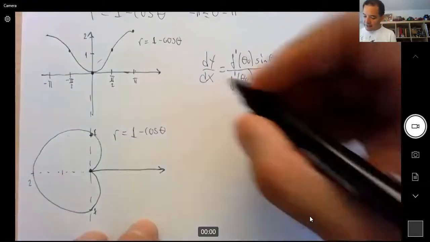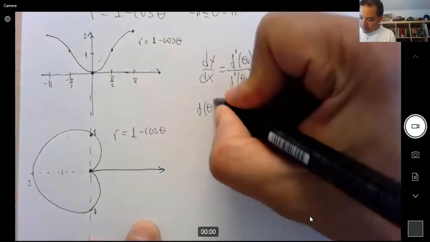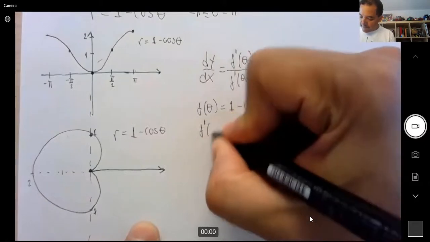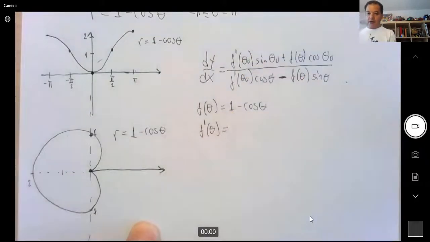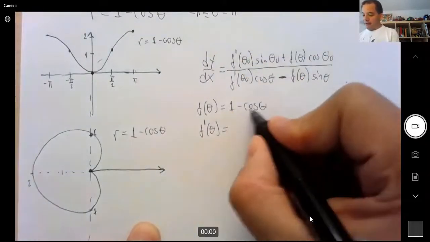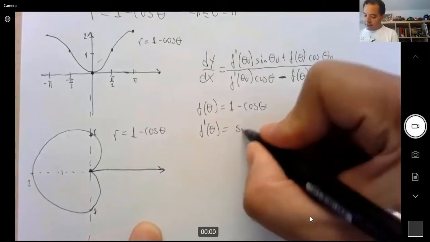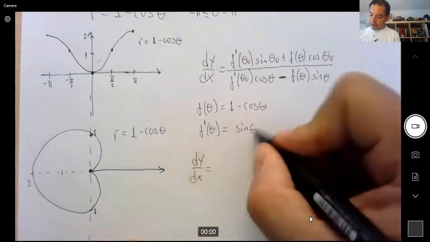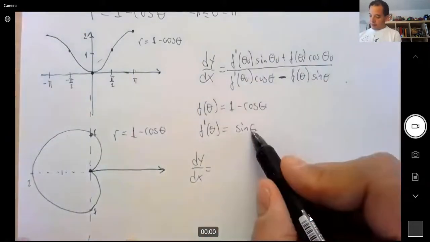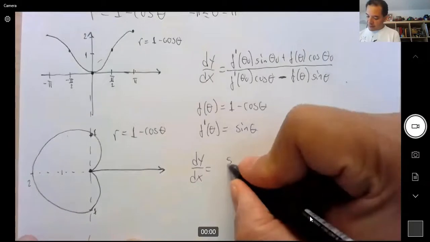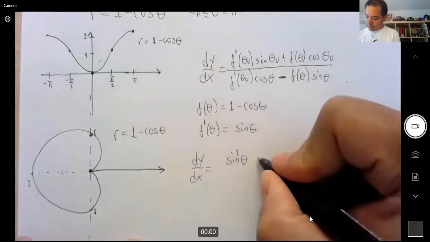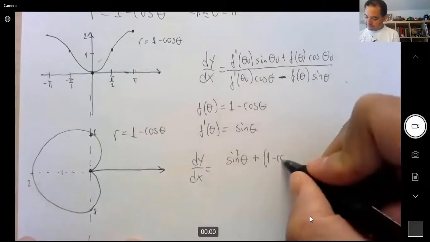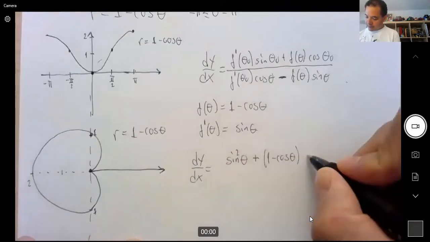Okay, so in this case, f of theta is 1 minus cosine theta. So what is f prime? The derivative of 1, nothing. The derivative of negative cosine, that would be sine. So let's put it in here. f prime is sine, so now it's sine squared plus f, which is 1 minus cosine, and then cosine.